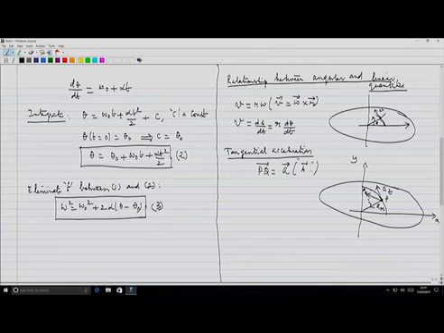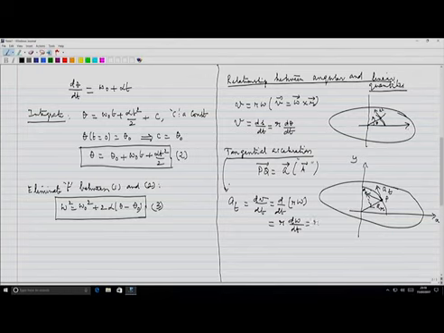No problem. So the tangential acceleration is equal to dv by dt, since this is the linear velocity in this direction. This is equal to d by dt of r omega, which is r into d omega by dt, which is r alpha.